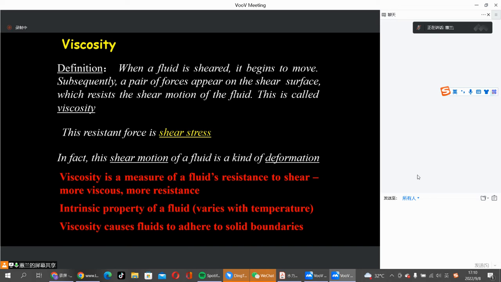If we don't consider the viscosity, whether the fluid can adhere to a solid boundary or not, think about it. If we assume the viscosity is equal to zero, we often call it an ideal fluid. For an ideal fluid, will it adhere to the solid boundary or not? Whether it will have the no slip boundary condition, can you tell me?